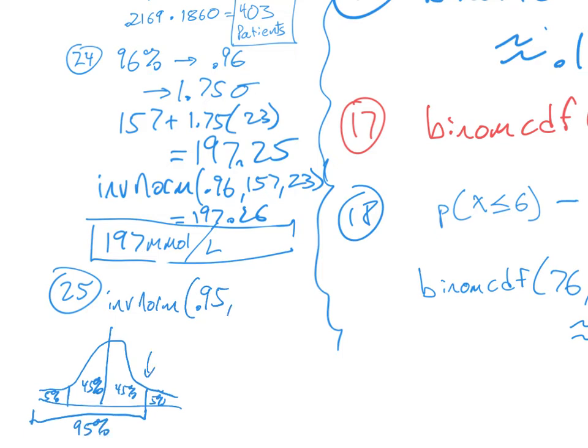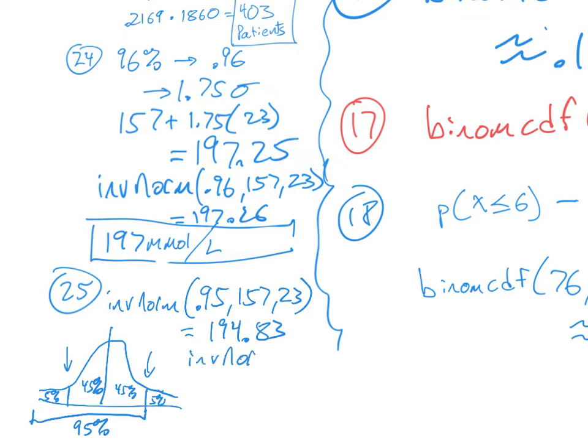I want to know what this level is here, with 157 and 23. That's the second entry. Let's just do 95. Should be close to our last answer, and that gives us 194.83.